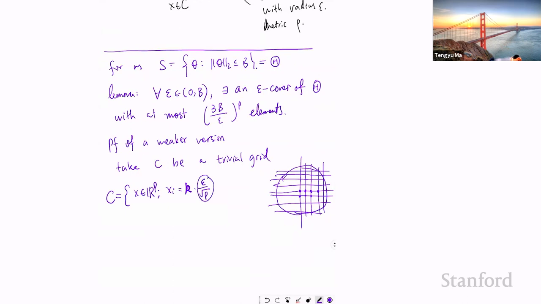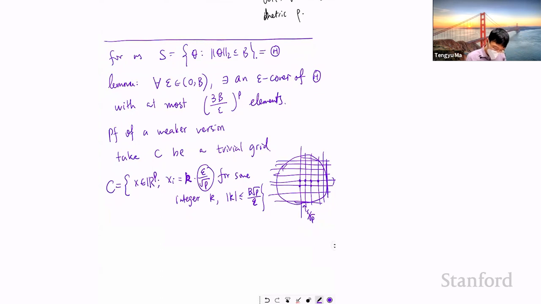So epsilon over square root of p is my grid size, and K is some integer multiplied with it, where K is smaller than B square root of p over epsilon. Why do I have this constraint on K? Because if K is too big, you're already outside S, and there is no point in having more points. If you do the calculation, this is the right thing.